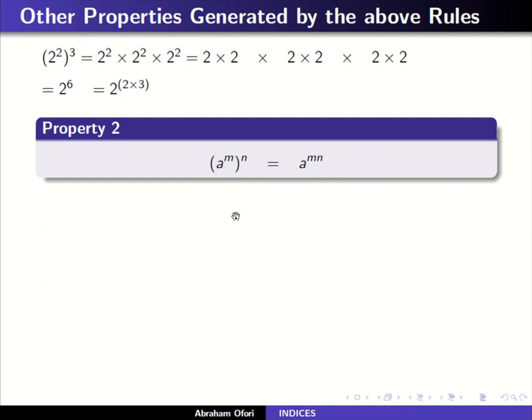Don't just say that I don't understand it. No, try to understand them, and wherever you meet them, you'll really know how to solve the question. For example, if I have a to the power 4, all to the power 3, this is the same as a to the power 4 times 3, which will give me 12. Okay, if I have this, it is the same thing as that.